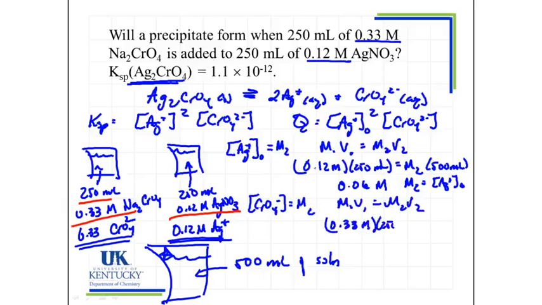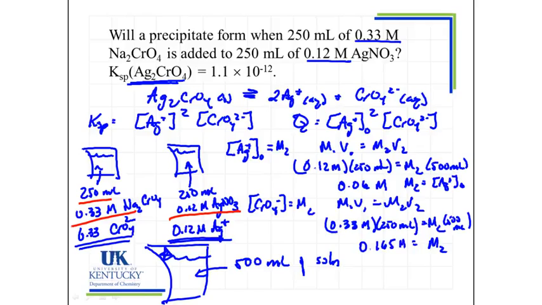V1 is 250 milliliters. M2 is what I'm trying to determine. And V2 would be 500 milliliters. So M2 in this dilution would be equal to 0.165. Now I'm carrying an extra sig fig there, but that's okay. That's the concentration of the chromate.